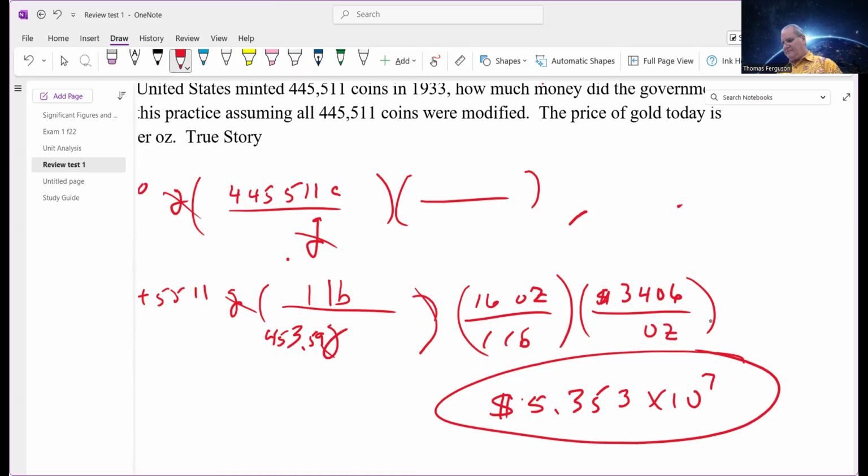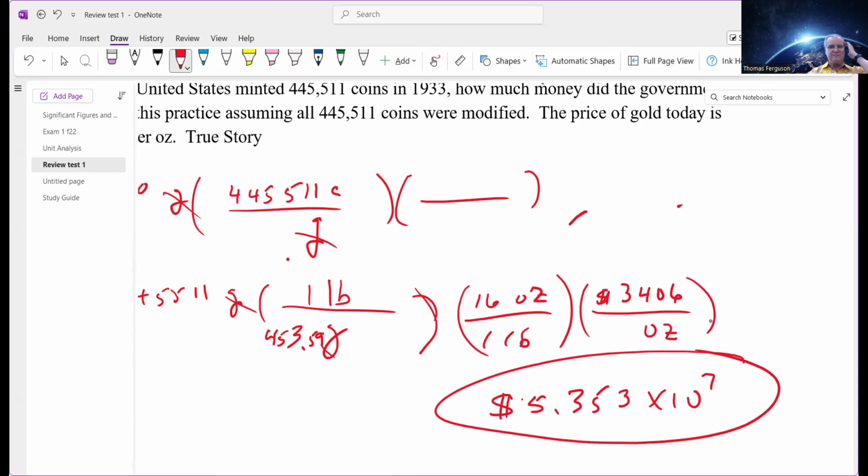So that's $53 million lost in today's money by that practice. It's a cool problem, though.